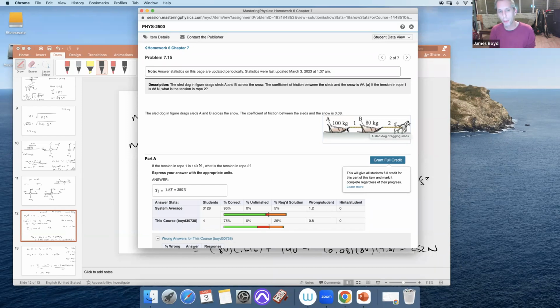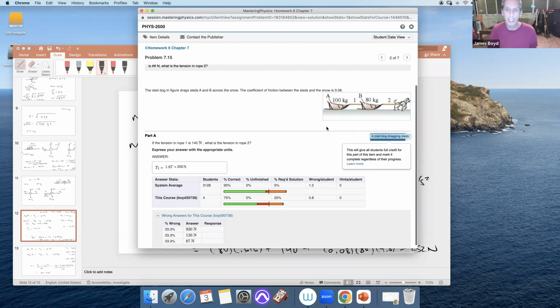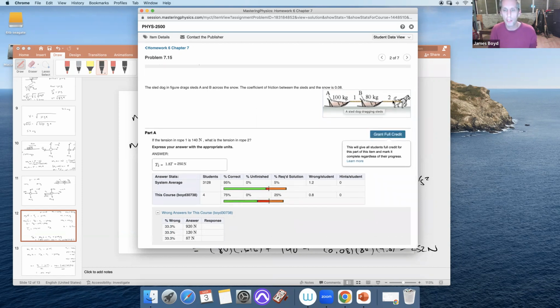And I think they just cut it and said, oh, well, the tension in this guy is 140. And so the tension in here, because it has to almost double. If this was also 100, this tension would be double that. But because it's not quite double, it's only 0.8. The tension in rope 2 is 1.8 times the tension in rope 1.